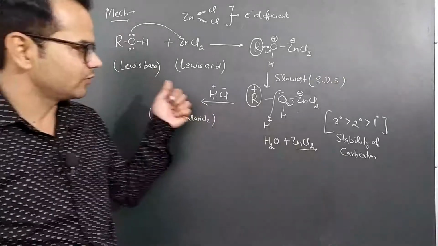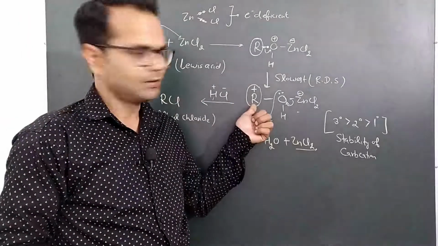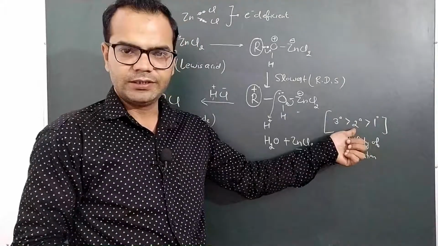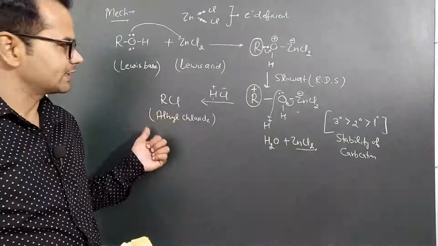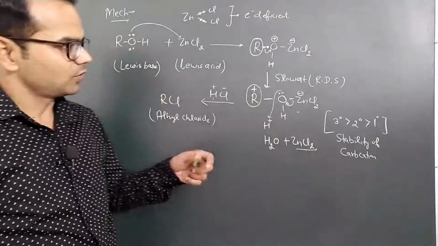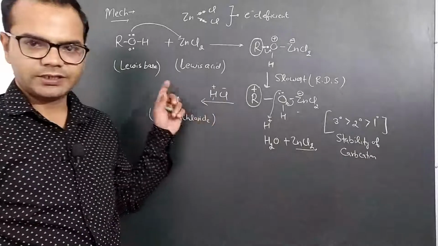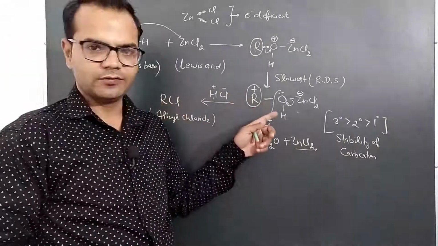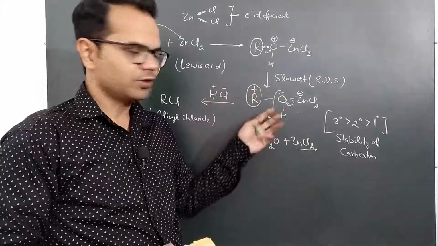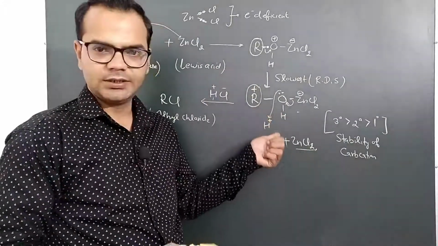Lucas test involves the formation of a carbocation, and tertiary carbocation is more stable than secondary and then primary. That's why tertiary alcohol reacts easily with Lucas reagent to give turbidity immediately. So now we can write the reactions again of tertiary alcohol, secondary alcohol and primary alcohol with the Lucas reagent. The resulting solution will show the appearance of turbidity.